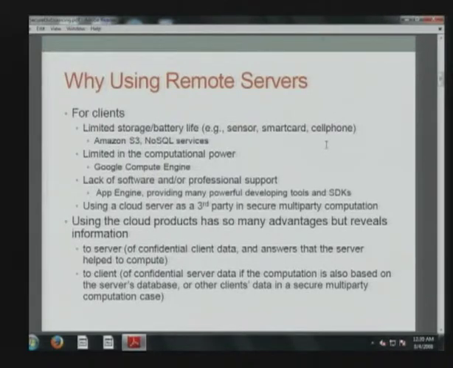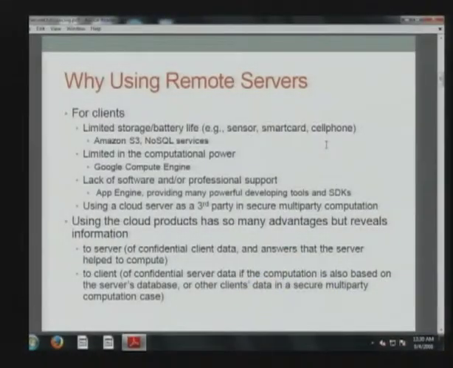I know a lot of companies that hold their online development hackathons every year just to encourage their software engineers to use such remote cloud servers for development. And some clients may want to use a cloud server as a third party in the secure multi-party computation setting. I will give examples of this in our research problems.